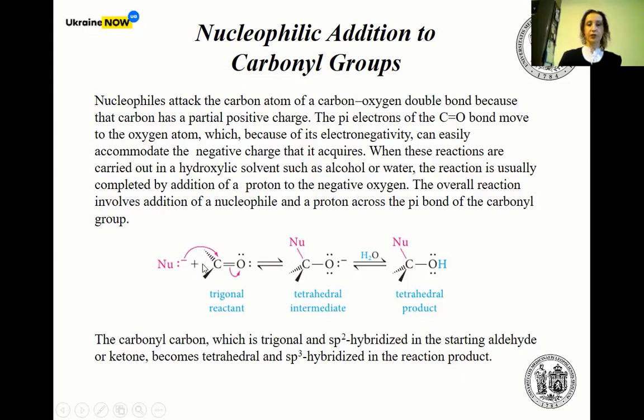As a result of this attack, we have the nucleophile added to carbon. Then the hybridization state of carbon is changed. Here carbon is sp2 hybridized. In this particle, carbon has sp3 hybridization state and negative charge at oxygen. And then a proton from water is added to this negatively charged oxygen.